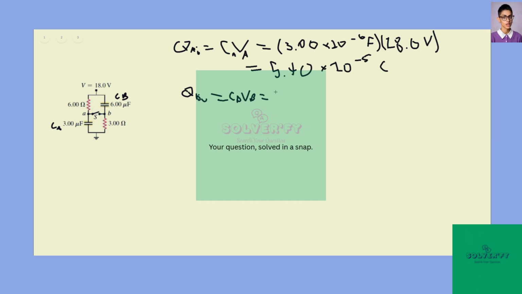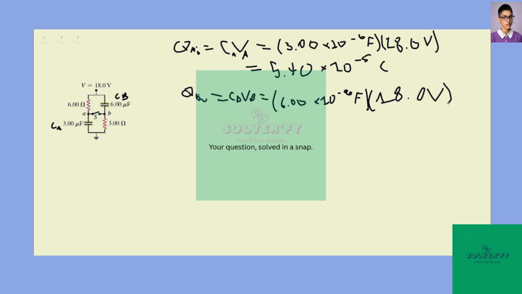Voltage B, so this one is 6 microfarads, 6.00 times 10 to the minus 6 farads, times, again, 18.0 volts.